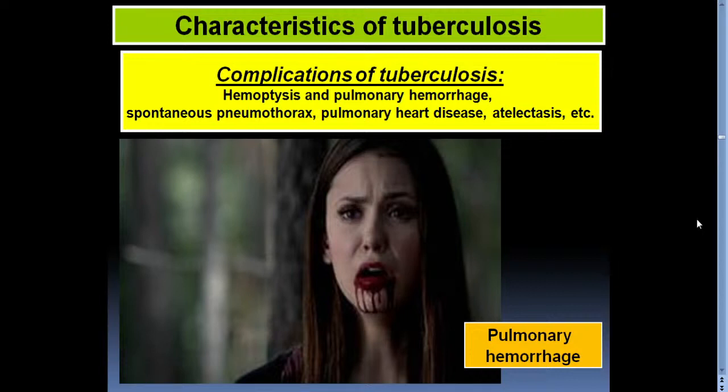These complications can also form in other diseases, for example, cancer, bronchiectasis, etc. Specific complications for tuberculosis are all complications which have the name tuberculous, for example, tuberculous meningitis, tuberculous pleuritis, etc., if the main process is localized in the lungs.